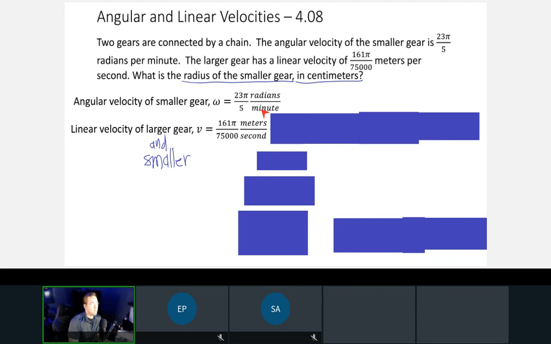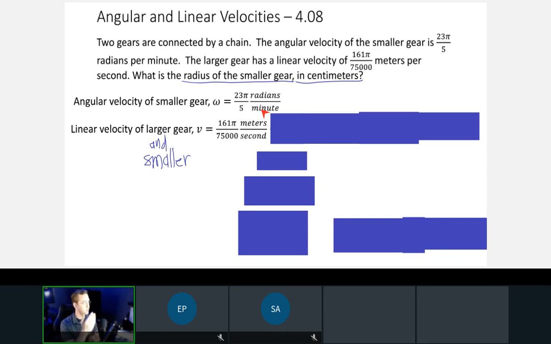So we need to make them both in terms of the same time, whether it's radians per minute and meters per minute, or radians per second and meters per second. We have to have the same time units. And it's your choice. It really doesn't matter.